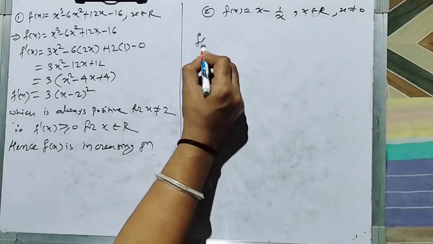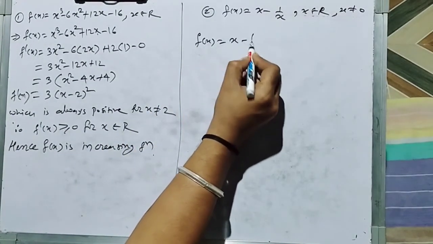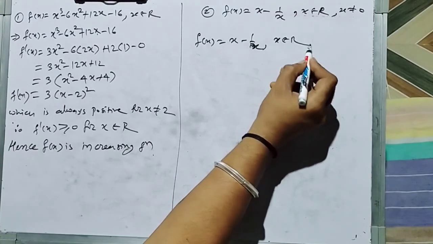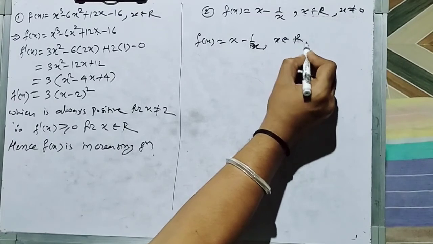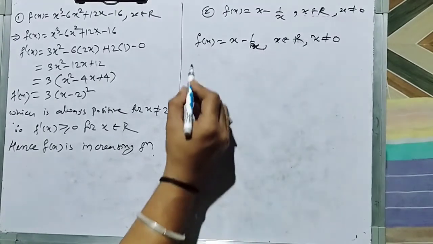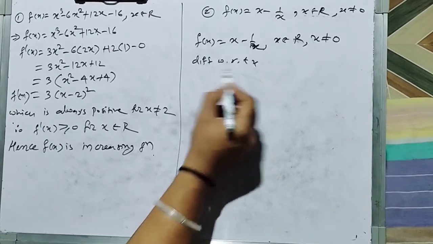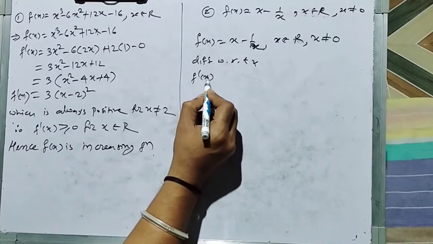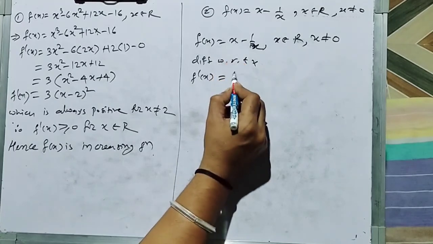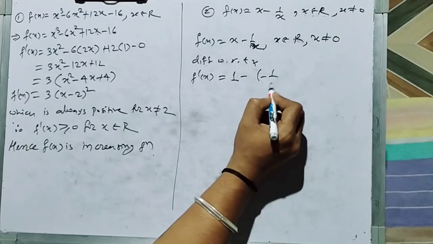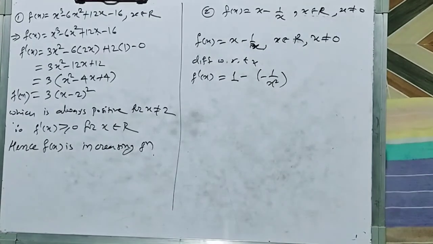Now for the second one, again here f of x is given as x minus 1 divided by x for x belongs to R and x is not equal to 0. So differentiate with respect to x. So the derivative of f of x is f dash of x. Here the derivative of x is 1, minus the derivative of 1 divided by x, which is minus 1 divided by x square.